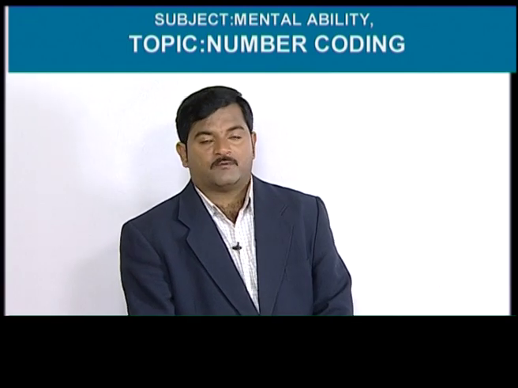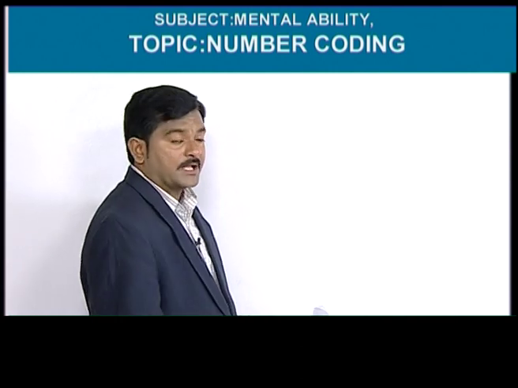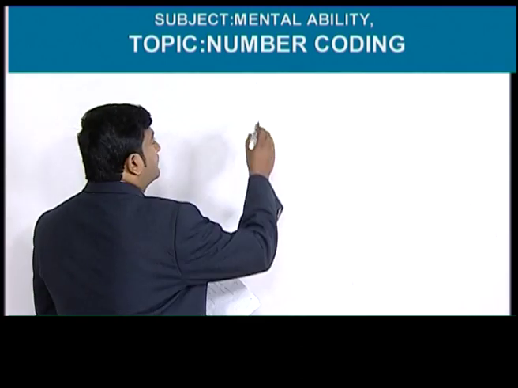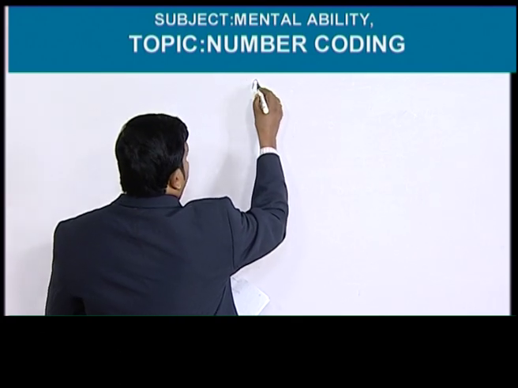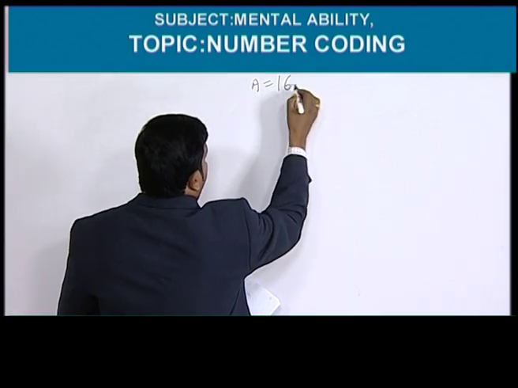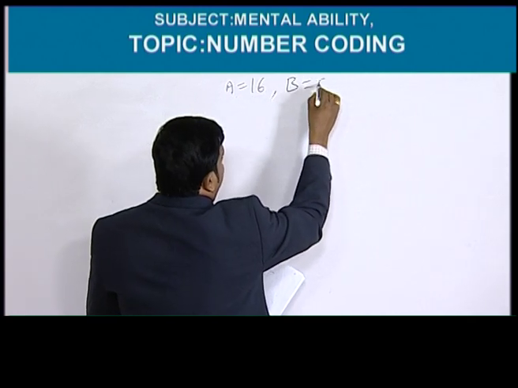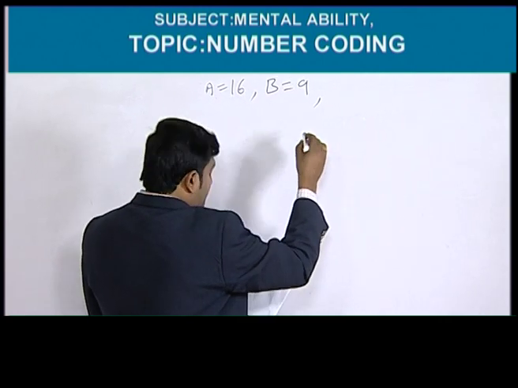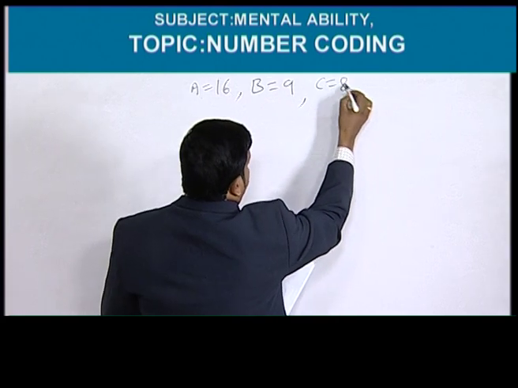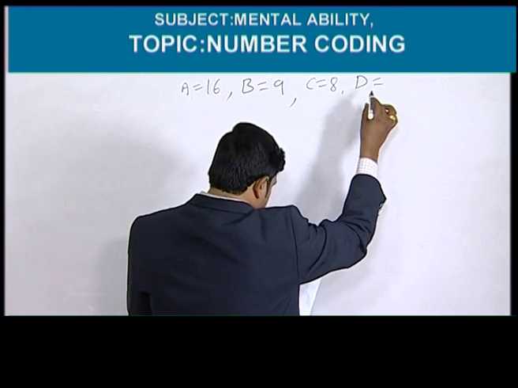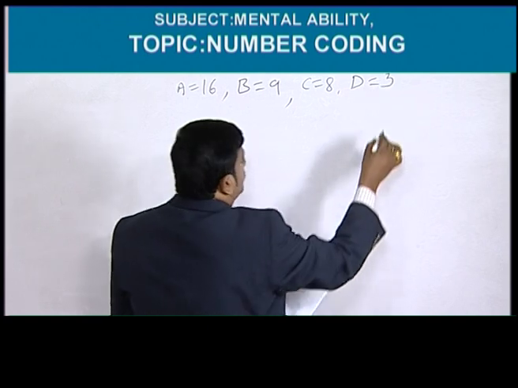Now one more question in mathematical coding. The question is as follows. In a certain code language, A means 16, B means 9, C means 8 and D means 3. I repeat the question once again.